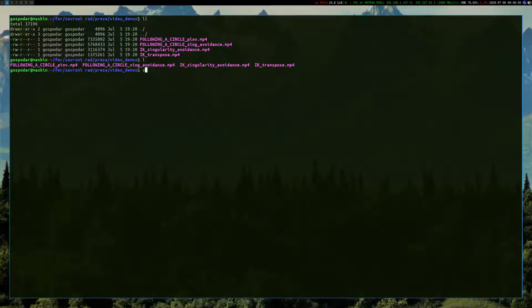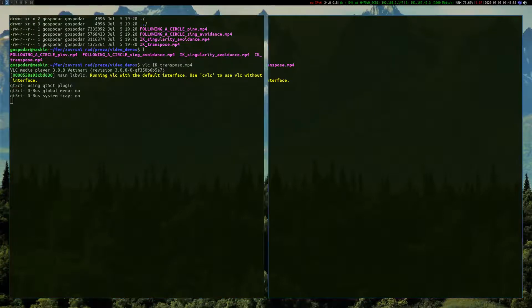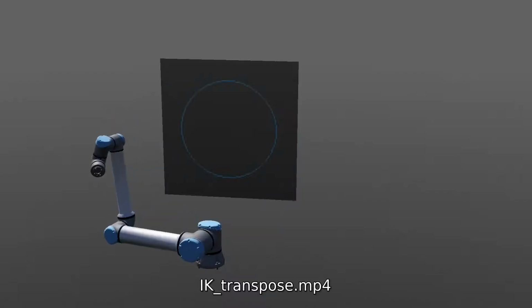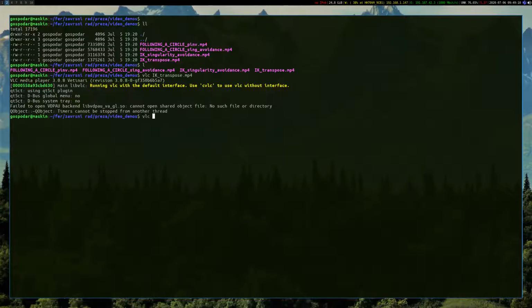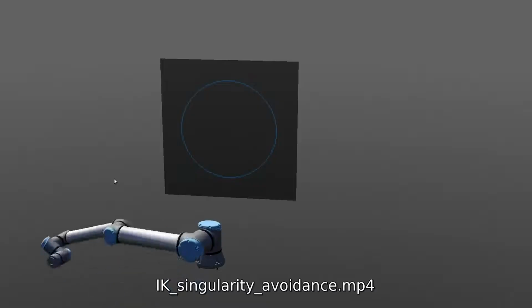I have some video presentations here. Basically, I hope this will make things a little more clear. So here is an inverse kinematics algorithm performed with the Jacobian transpose. As you can see, this is a rather uncomfortable position, meaning it's close to a singularity. But if we use singularity avoidance, then this is the result we'll get.